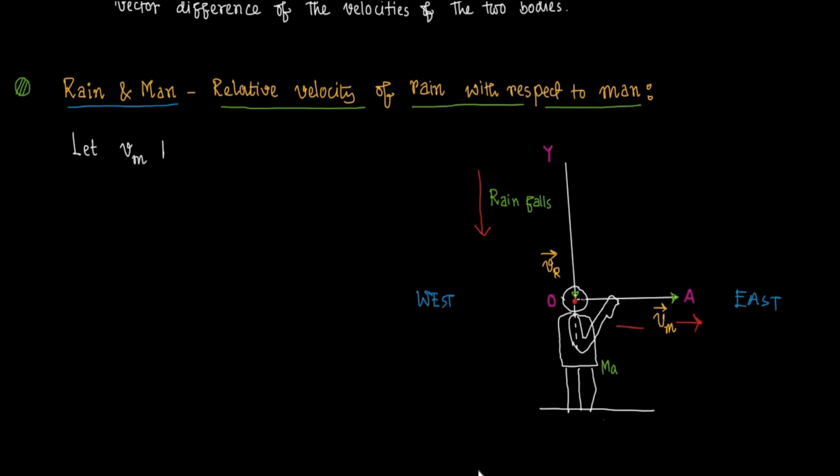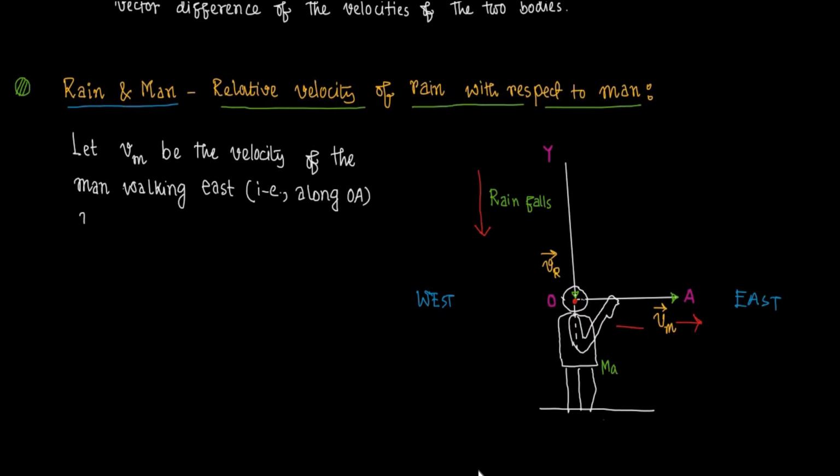Let Vm be the velocity of the man walking east, that is along OA.